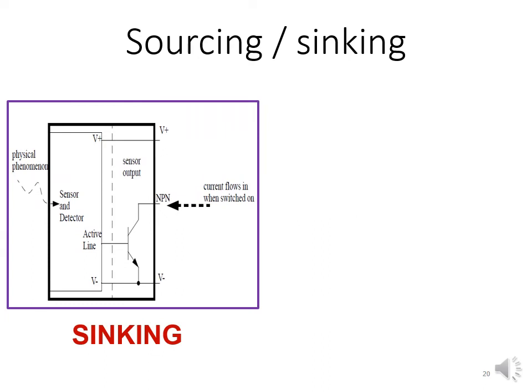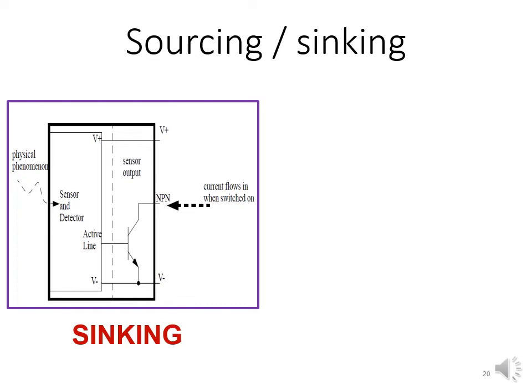Just like the plain mechanical switch connection, the principle used in the sourcing and sinking connections is to allow or to stop current flow through the receiving circuit. Sourcing and sinking connections are used to connect those sensors that have transistor output stages.